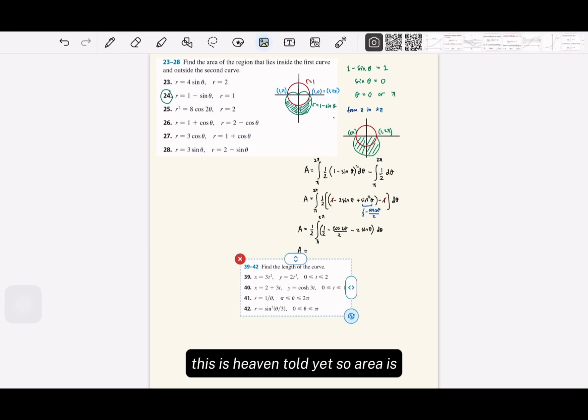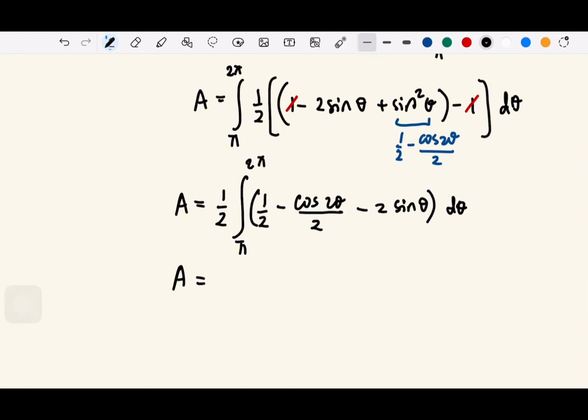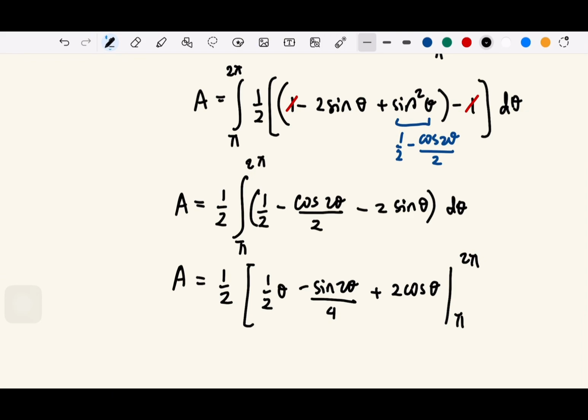Let me move this. So area is half theta. So pi, wait.